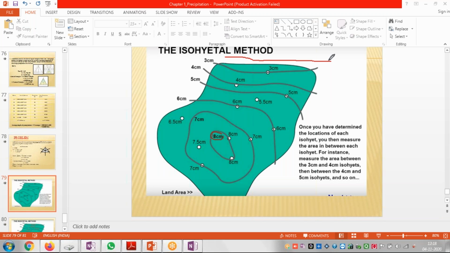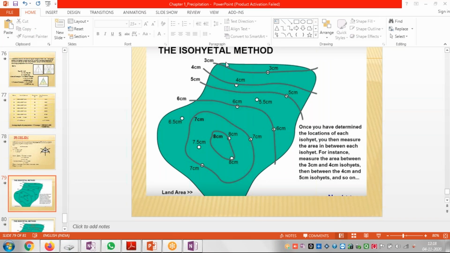We can assume this as less than 3 centimeter, say 2.5 centimeter, right? So we will take the average of 2.5 plus 3 divided by 2 multiplied by this area, which I will call A1. Likewise I will calculate using that formula and find the average rainfall.